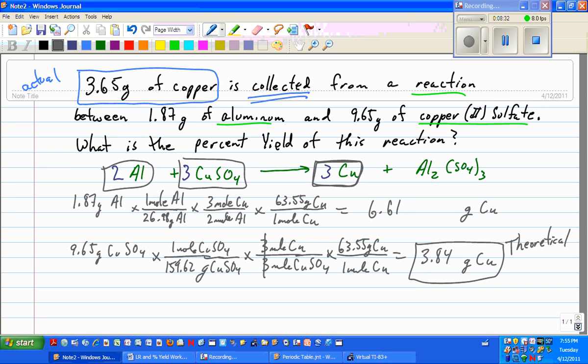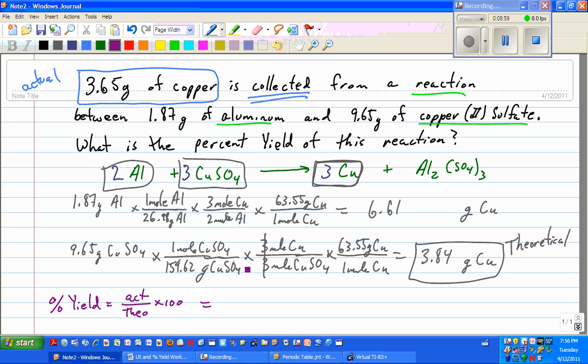At this point, I can go ahead and figure out my percent yield. Percent yield is equal to actual over theoretical times 100.